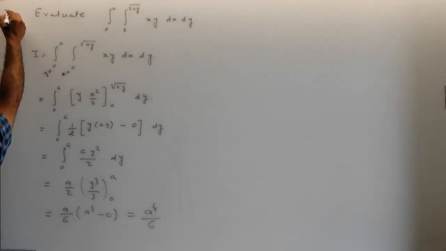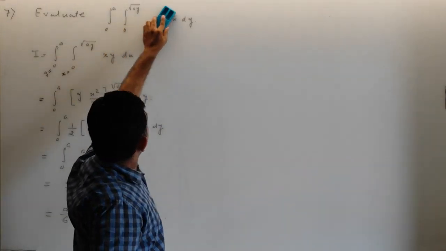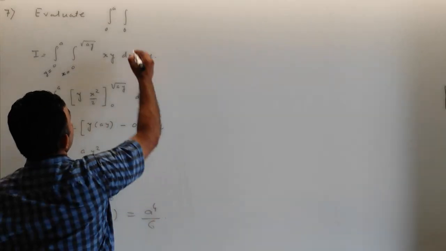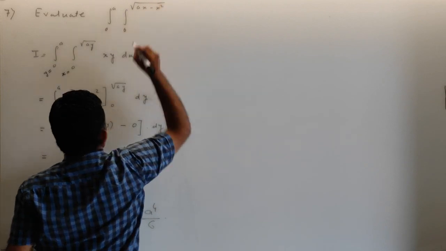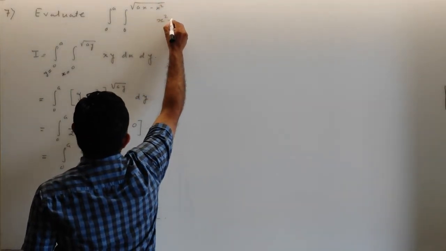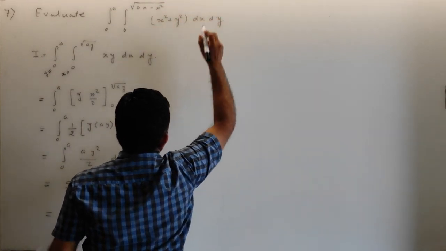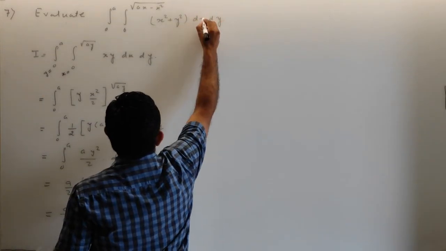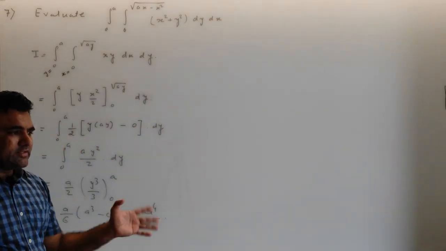So this is my example number 7. You evaluate integration 0 to a and integration 0 to under root ax minus x square of plus y square dx dy, or you may say dy dx, doesn't matter, whatever is given, dx dy or dy dx.